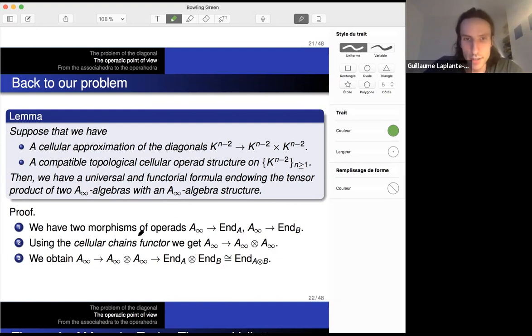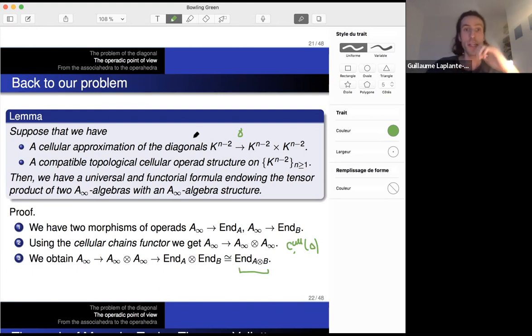Using the cellular chains functor on delta, you get a morphism of DG operads from A infinity to A infinity tensor A infinity. This is just given by the cellular chains on delta. And then when you compose these morphisms, you obtain the operad structure on A tensor B that you wanted.